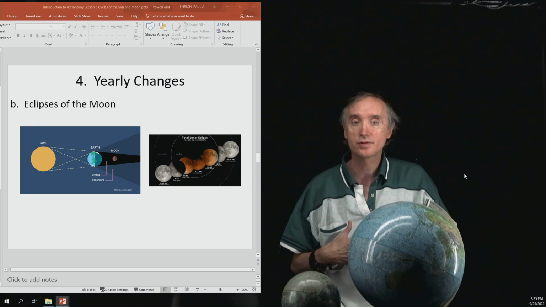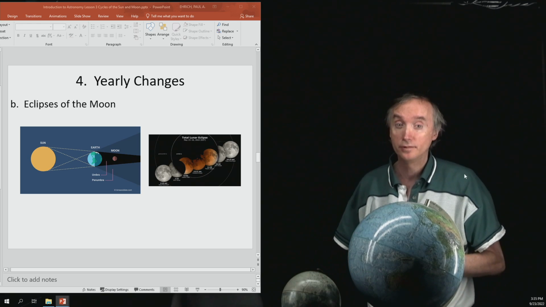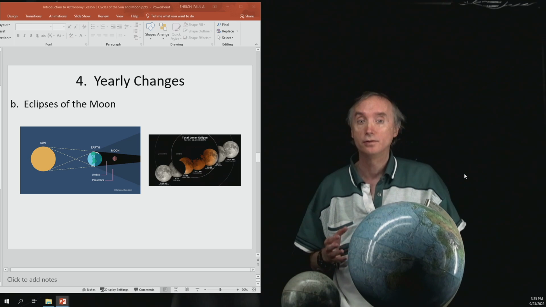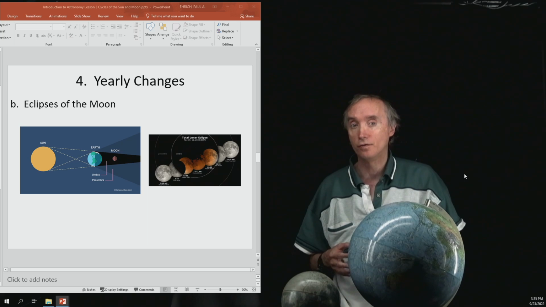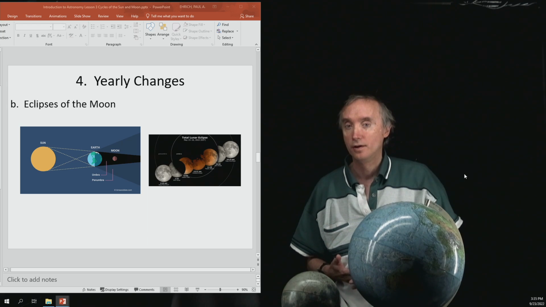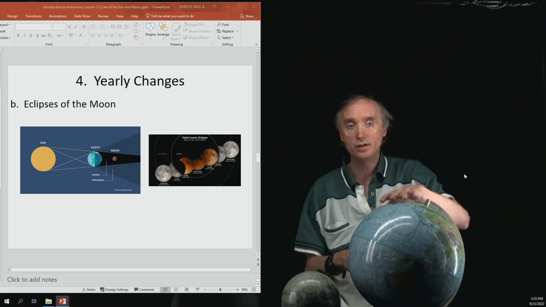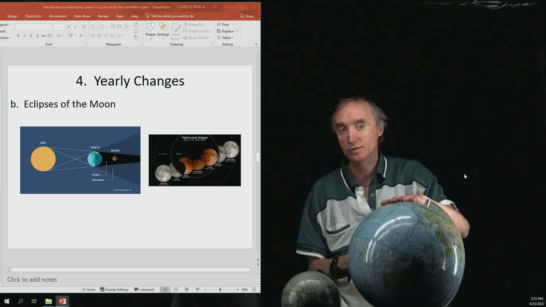Another thing you should notice is the color of the moon can change. Normally the moon looks kind of gray, but during a lunar eclipse it can turn kind of orangey. What would be causing that? As the sunlight goes past the Earth, it goes through the Earth's atmosphere.